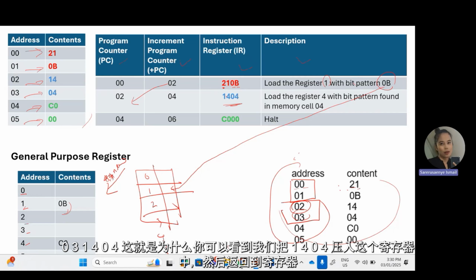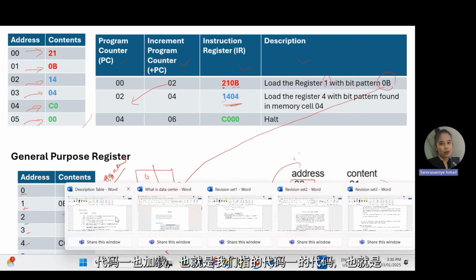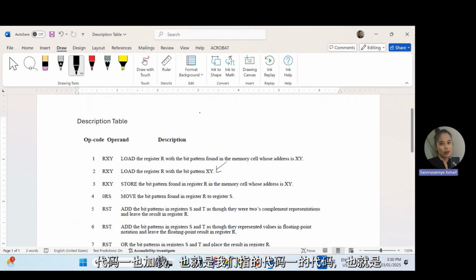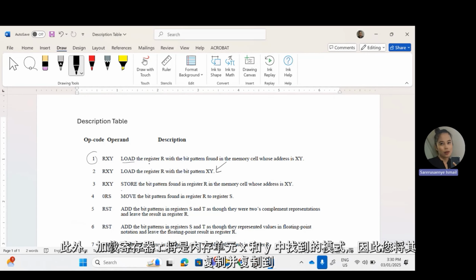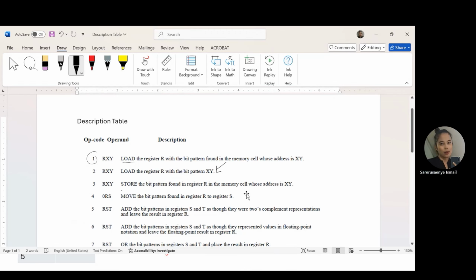Back to the description table, you see opcode number 1. In the description table, opcode number 1 is also load, which is what we are referring to, load register R with bit pattern found in memory cell X and Y. You copy that, and in your final exam, you copy that.